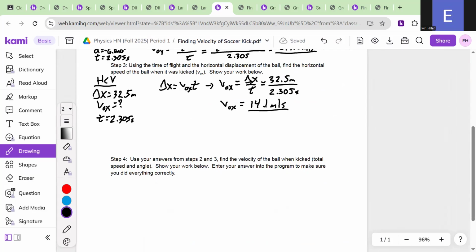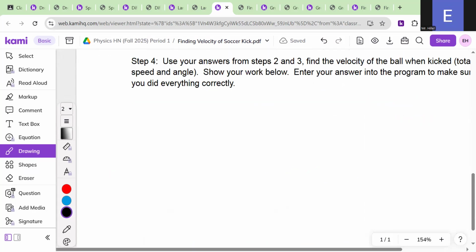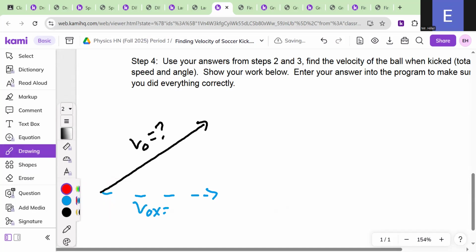Now, to get your velocity, here's how you do it. This is the difference between an angle projectile and a horizontally launched projectile. Go ahead and draw a vector up like this because the soccer ball was kicked up at an angle. We're going to call this initial velocity, and that's what we're looking for. What we just found, guys, is v naught x and v naught y.